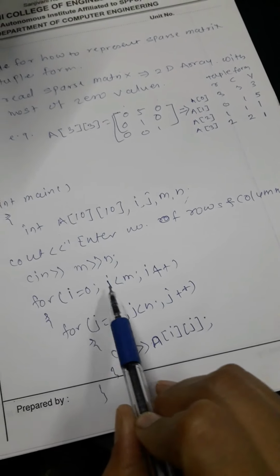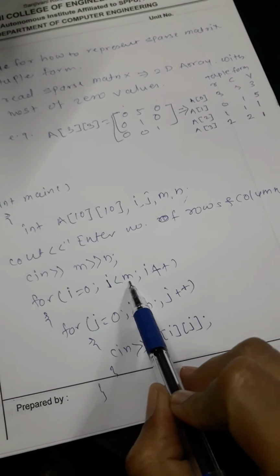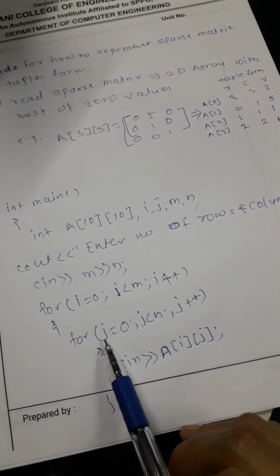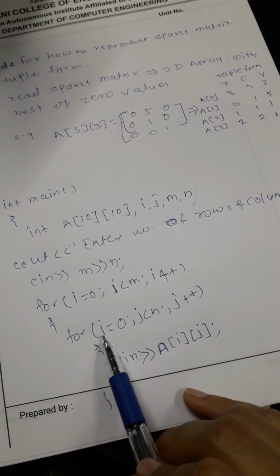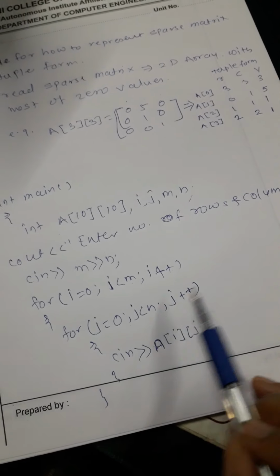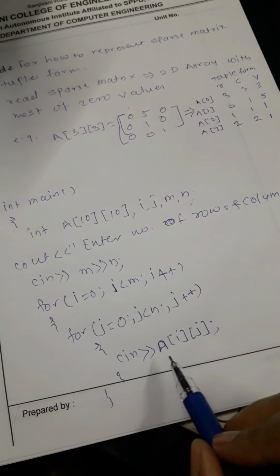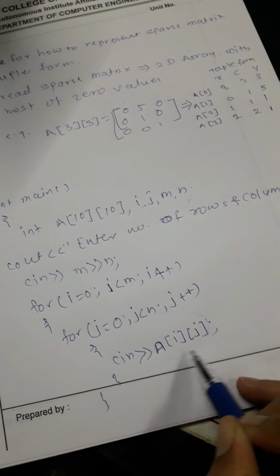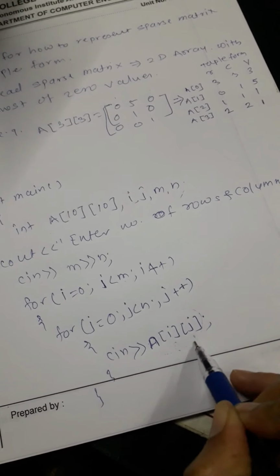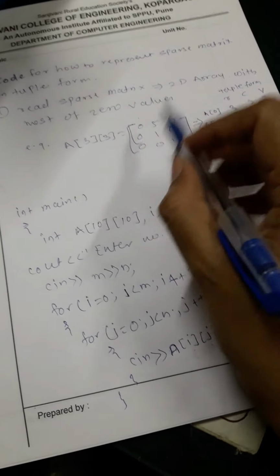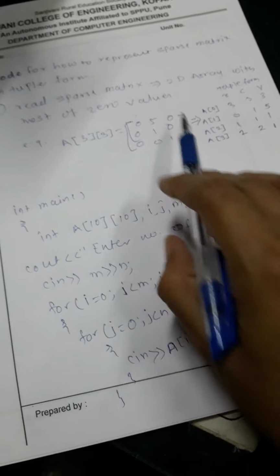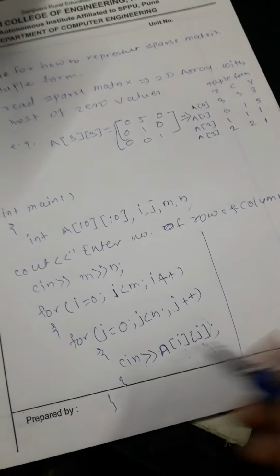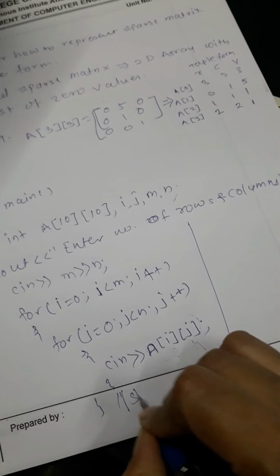So for i equal to 0, i less than m, where m is the number of rows, then i plus plus. In that, the inner loop is for the column, that is j equal to 0, j less than n, and j plus plus. Whatever value gets entered is stored at the i, jth location or index. Likewise, this matrix will get stored in memory. This is for storing the matrix.